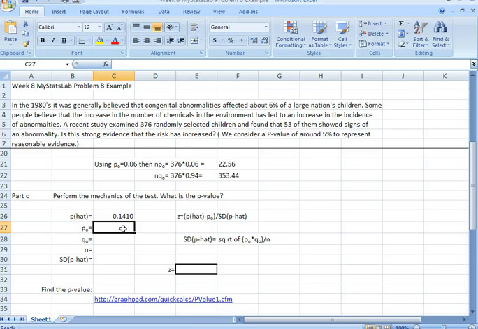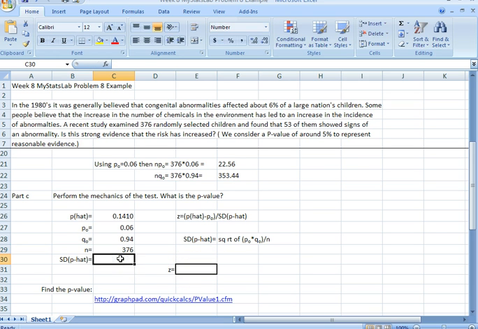We already know that p0 is 0.06, so q will be 1 minus that number, 0.94. Of course, n in our problem is 376. Now we can find the standard deviation of p-hat, which is the square root of p0 times q0 divided by n.